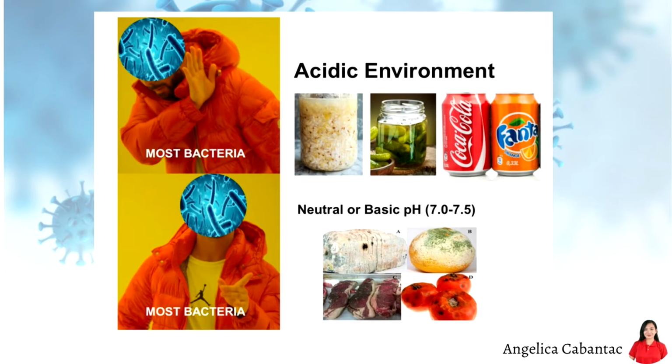Because of this restrictive pH, foods such as soft drinks, sauerkraut, and pickles are stable against bacterial spoilage. Those fermented foods are not really susceptible to spoilage. And most of the bacteria, except acid fermenters, favor alkaline or neutral pH.